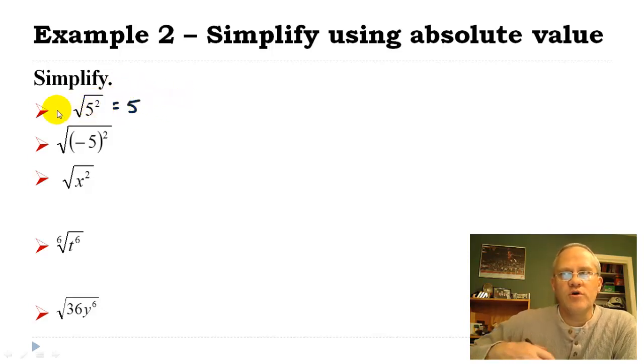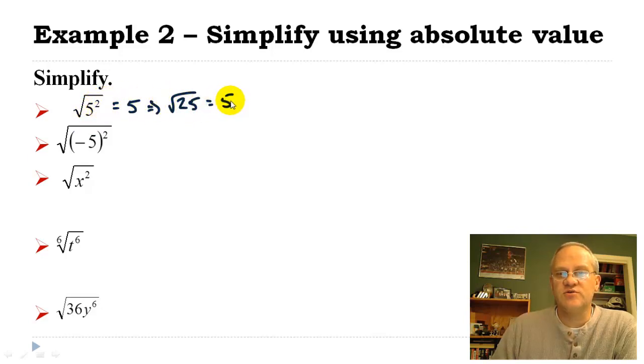What if I walked through this the whole way, where I did 5 squared is 25, and then I took the square root of 25, which is 5. I get the same thing both ways, whether this cancels or whether I walk through the whole problem, do 5 squared to make it 25 and then take the square root. I get the same thing both ways, right? What happens on this one?